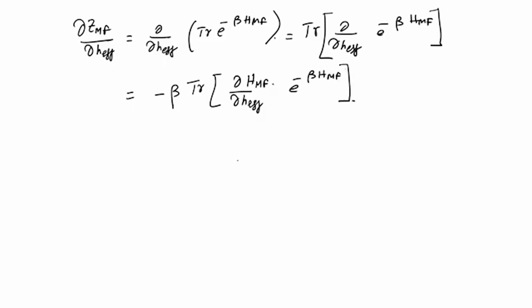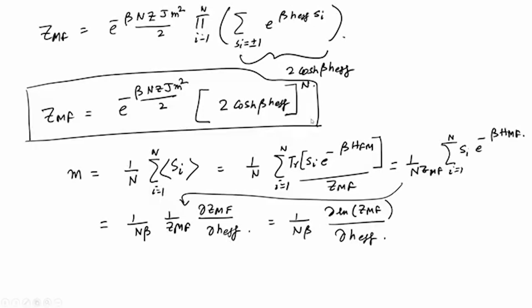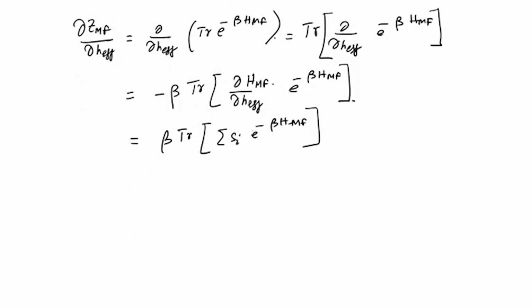Okay. And this is equal to beta because you are taking this del H effective of HMF. So, this is equal to beta, and you have a trace of sum over SI and exponential minus beta HMF. Okay, and that is what we have said here. So, when we came from the last but one line to the first expression on the left, we have used this.